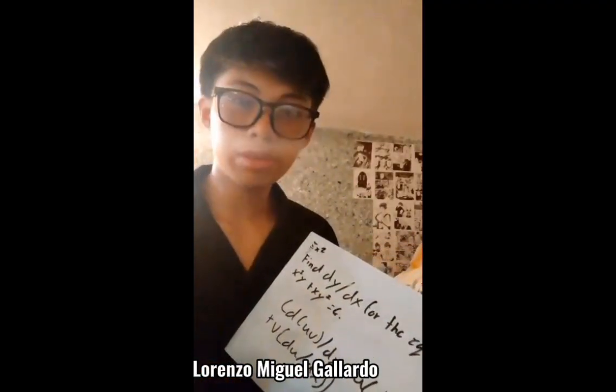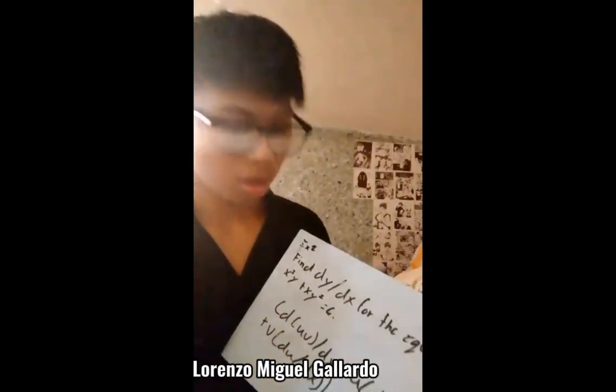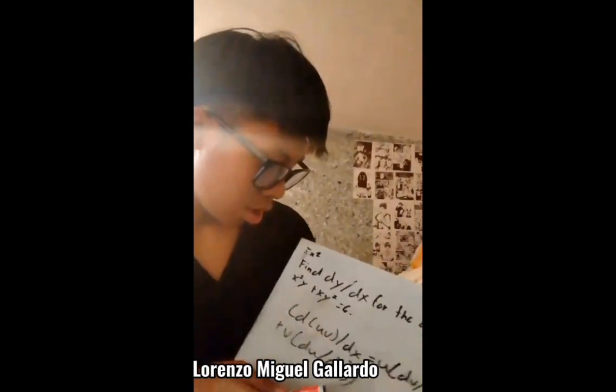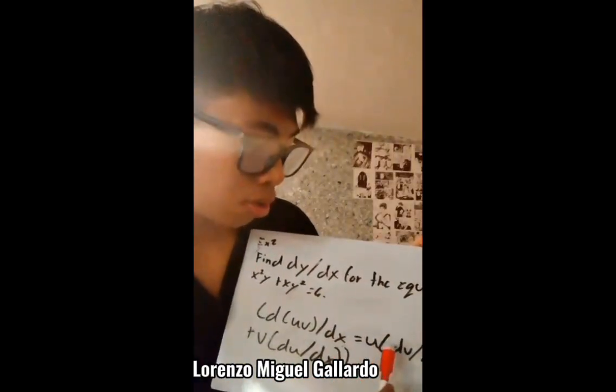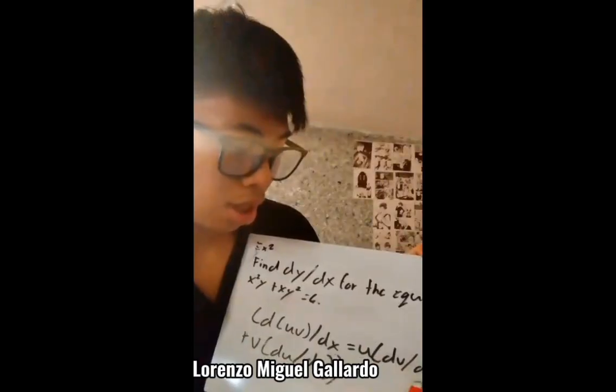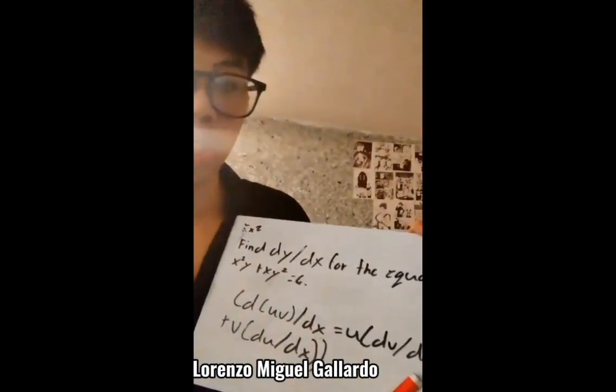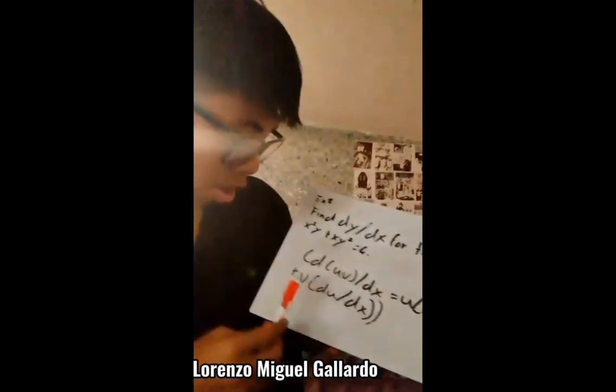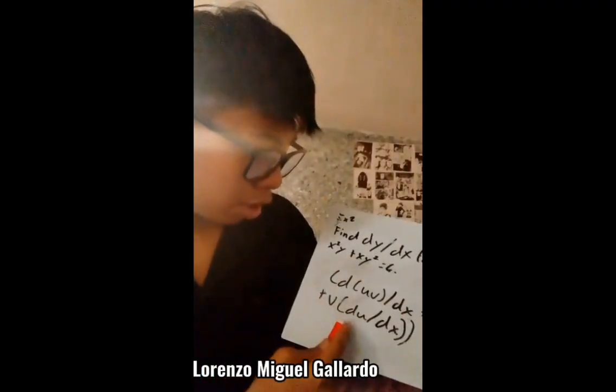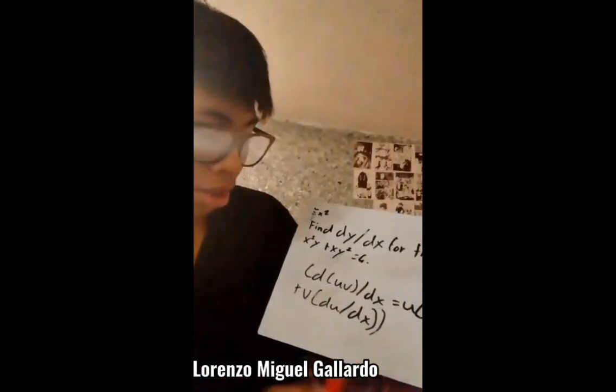So here we'll need the product rule: d of uv over dx equals u times dv over dx plus v times du over dx.